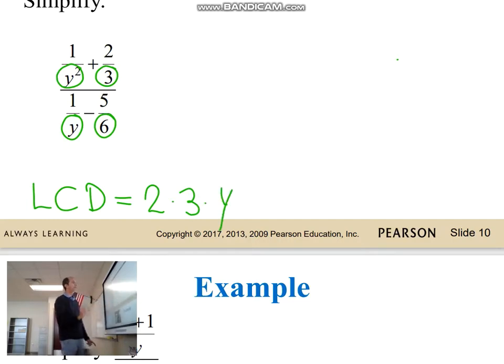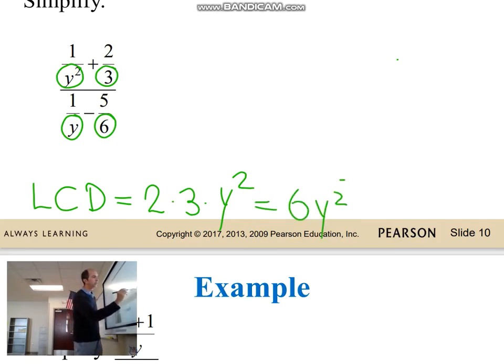Those are the unique factors. Now check the highest exponents. The only exponent that you have is y squared, the highest exponent of y. That's it. The least common denominator is 6y squared.